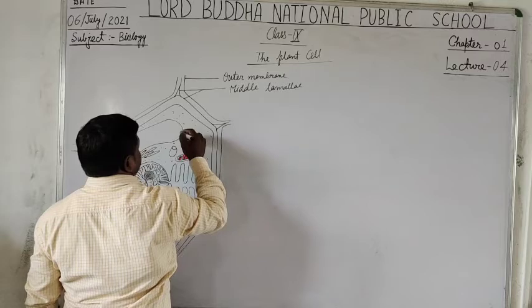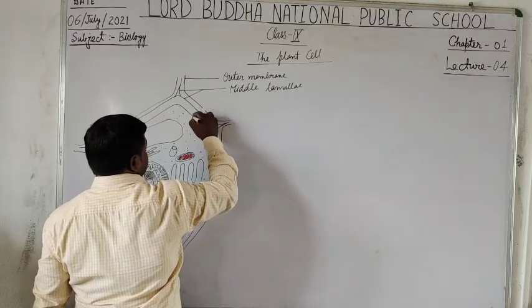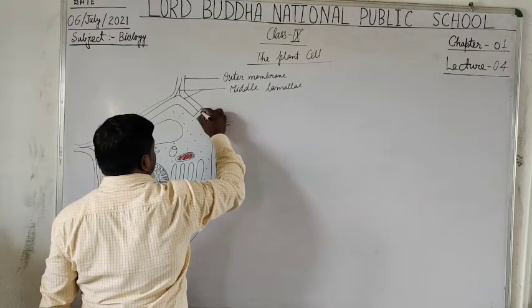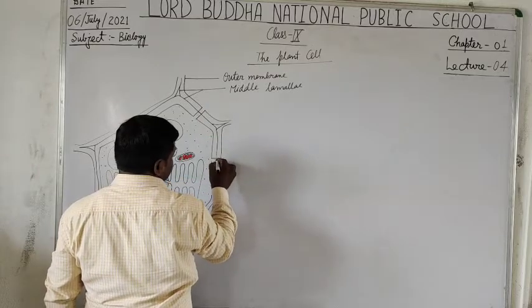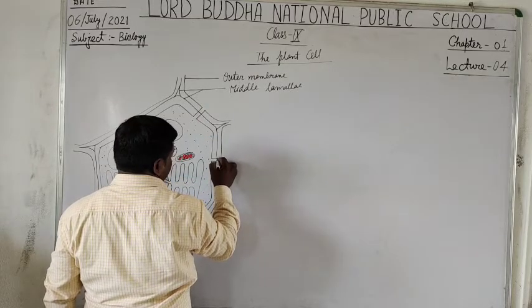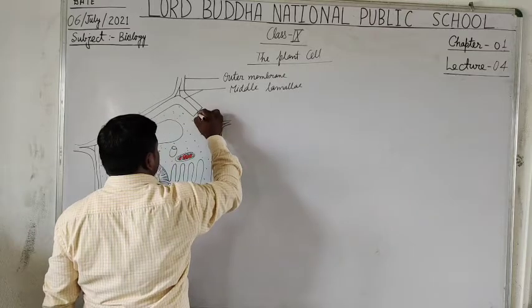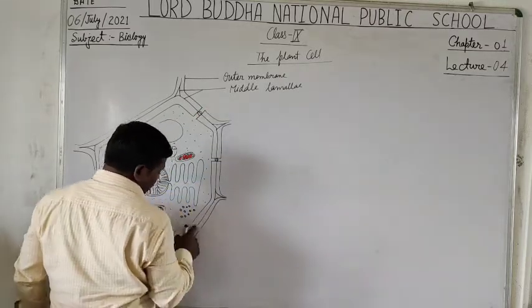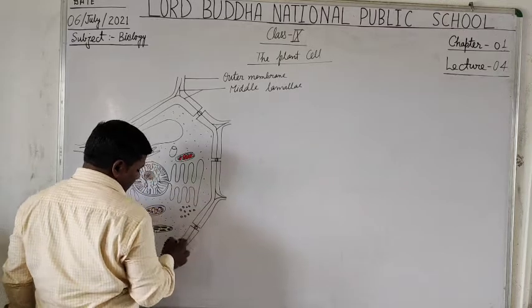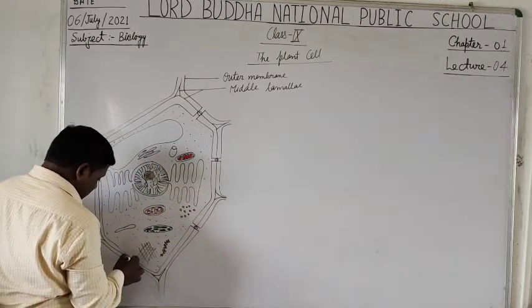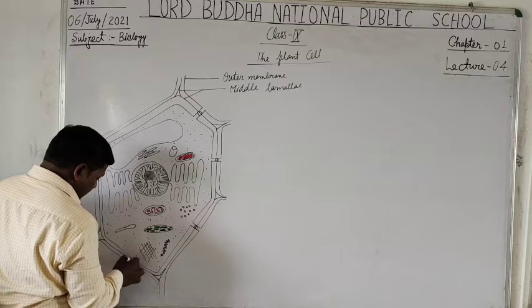this is the middle lamellary, and students, in between the outer and inner there are small pits also present, which are called the plasmodesmata.